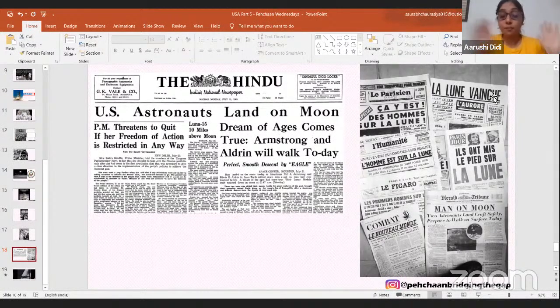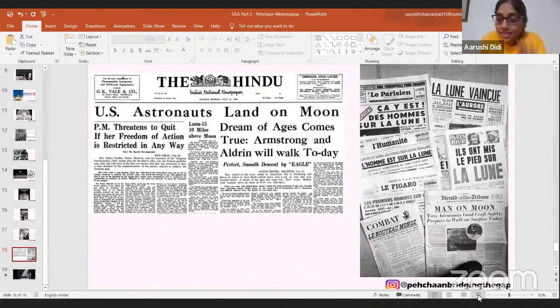So next, before the video plays, just a second, Saurabh. I'm just going to give you context of the video. You need to please pay attention to the video. You please read the subtitles and listen to it properly, right? This is the actual clip of Apollo 11 landing on the moon, and it's the actual clip.